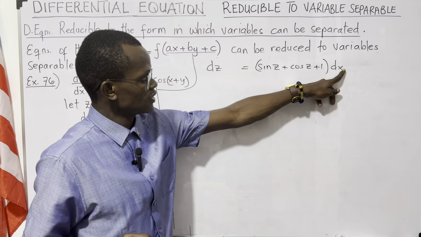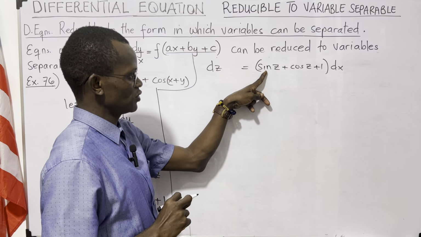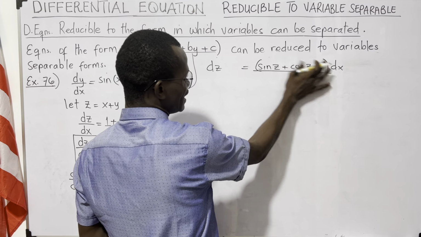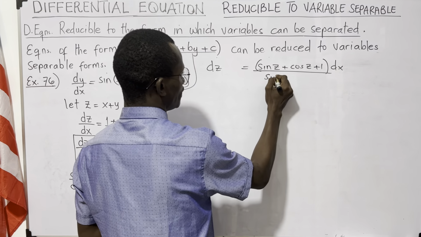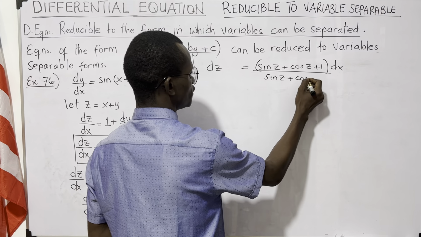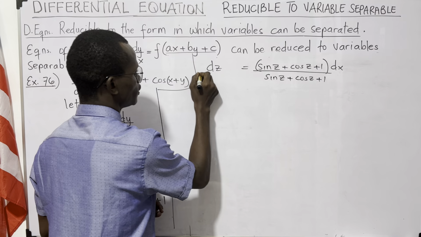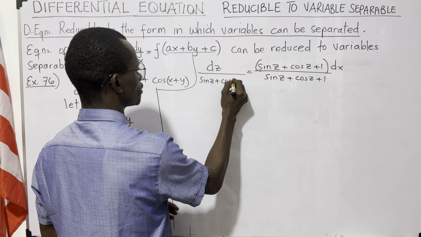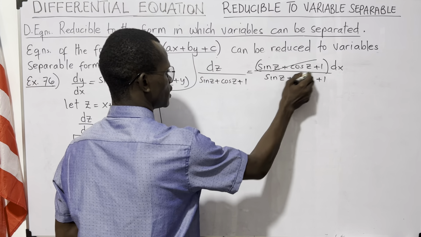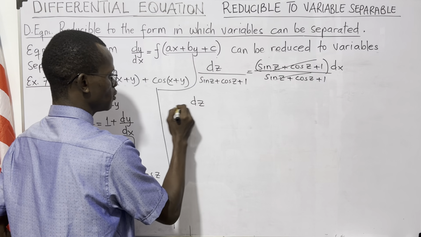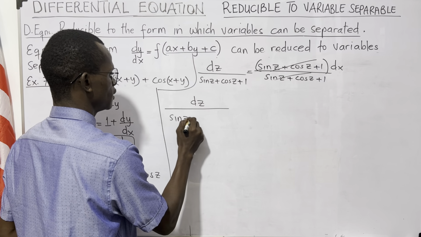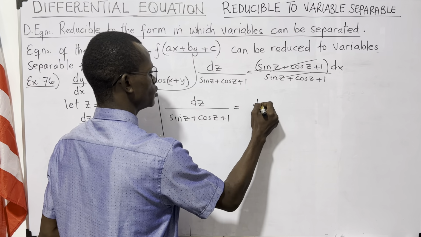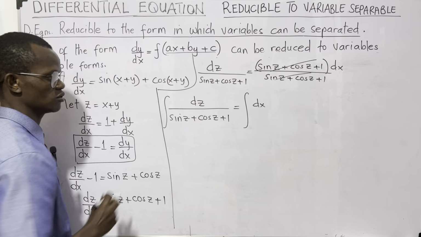Because this is x, and in here you have z expressions, you must divide both sides. You must get rid of this entire expression because you only need x on this side. So we divide this side by sine of z plus cos of z plus 1. Again, we divide this side by sine of z plus cos of z plus 1. So this cancels. We're left with dz all over sine of z plus cos of z plus 1 equals dx. We integrate both sides to find the general solution.